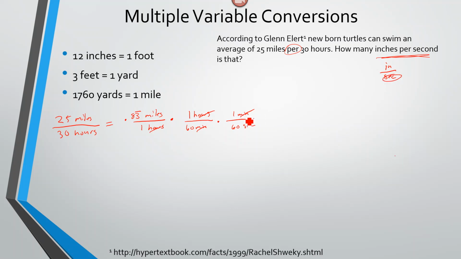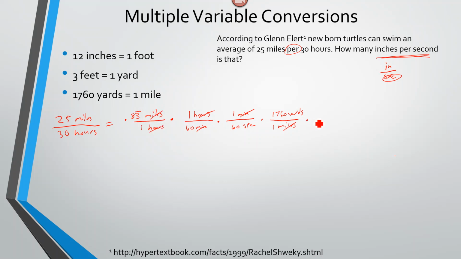Okay. We still have to deal with this miles though. So how do we do that? Miles in the numerator. We want to put miles in the denominator. We want to eventually get to inches. So 1 mile is 1760 yards. Miles cancels with miles over here.